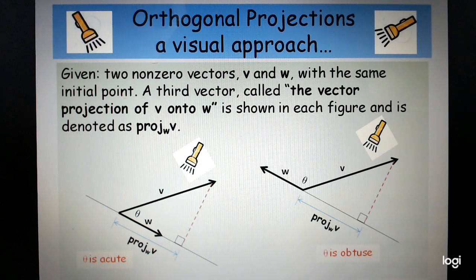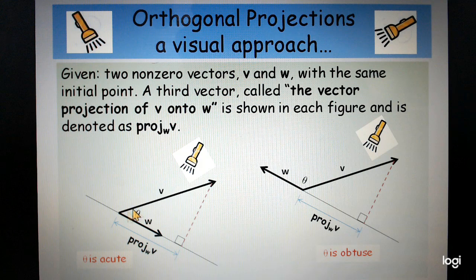When you have a light source, let's say a flashlight, and you shine it at an object, that object will cast a shadow on a wall or a background. And that's called a projection. So that's all that this is about. So let's take a look at this. Given two non-zero vectors v and w, okay, there they are.